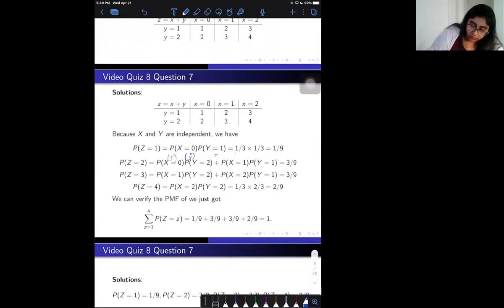We'll add 1/3 times 1/3. That's given to us. So this is 2/9 plus 1/9, sorry, I'm wrong here, so this is 3/9. That's how big it is.